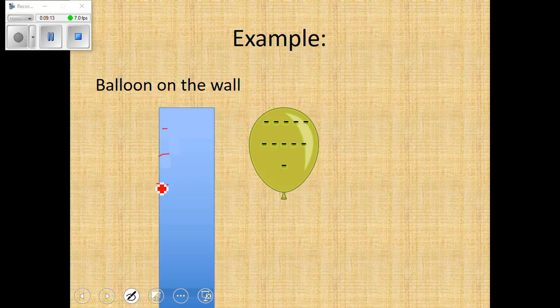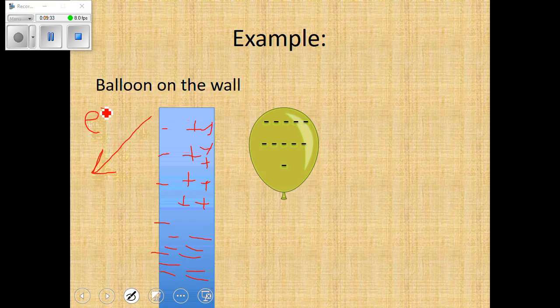So I'm going to move them up here. And then what's left is a cluster of positive charges. Okay, all of our electrons now are moving away from the balloon, and we're left with some positively charged. So now we have a negatively charged balloon and a positively charged wall, and that's what causes the balloon to stick to the wall. Okay, you get the negative charge and the positive charge.